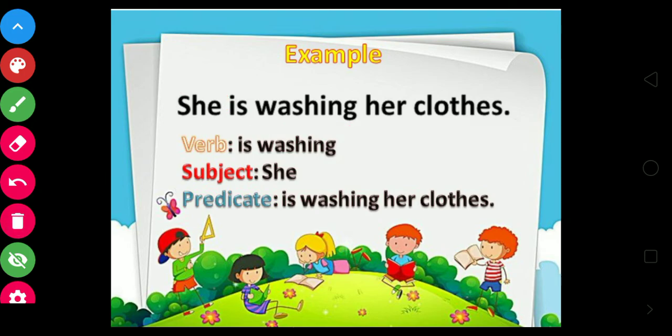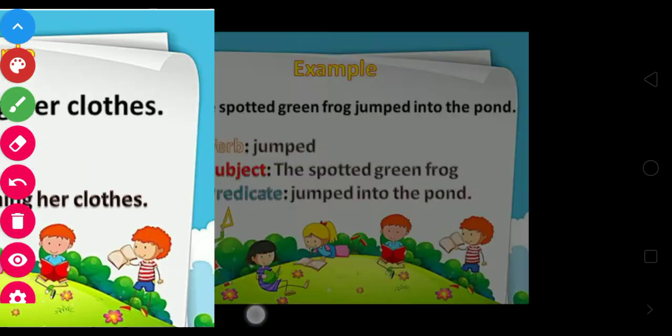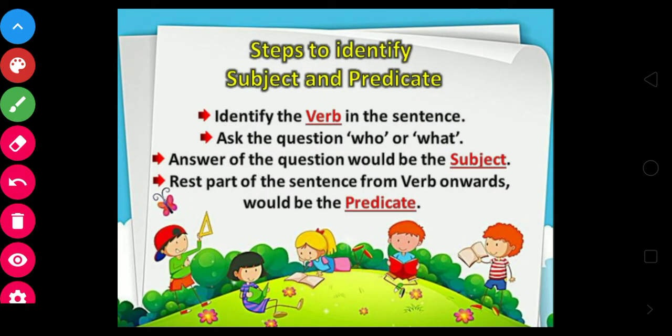Okay, so what we can conclude with that, first we'll see what are the actual steps to identify subject and predicates in a sentence. That means how we will identify subject and predicate in a sentence, we'll read the steps over here.